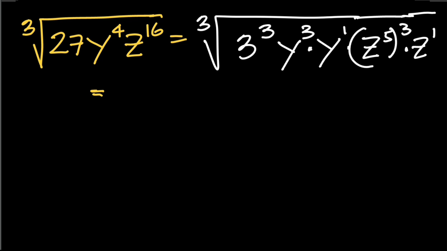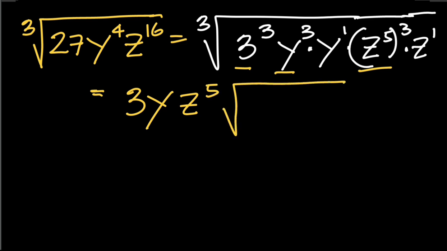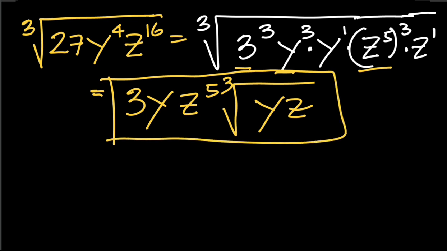We can put all of the cubes outside. So cube root of 3 cubed is 3. Cube root of y cubed is y. Cube root of z to the 5th cubed is z to the 5th. Then we're left with yz inside the radical. So this is our final answer, 3yz to the 5th cube root of yz.